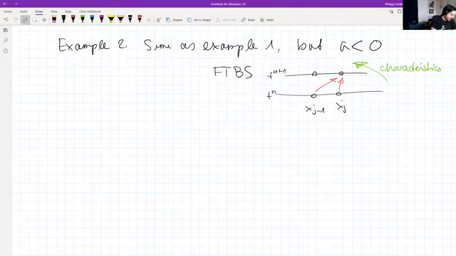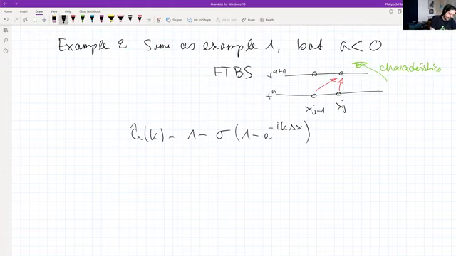Well, actually it's very simple. G hat of k is in fact exactly the same as before. It's 1 minus sigma, and then we have 1 minus e to the minus ik delta x. So there is no difference in the amplification factor.